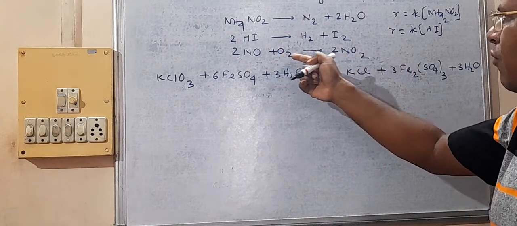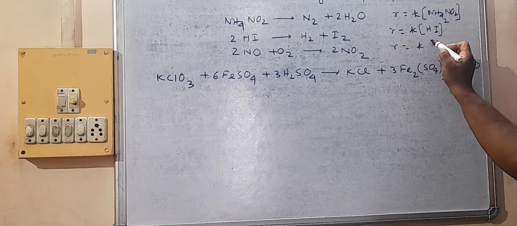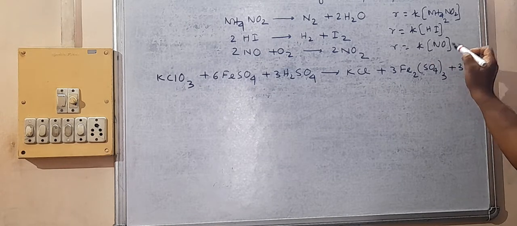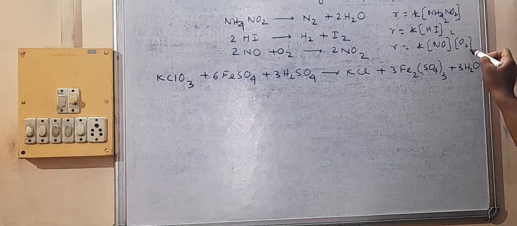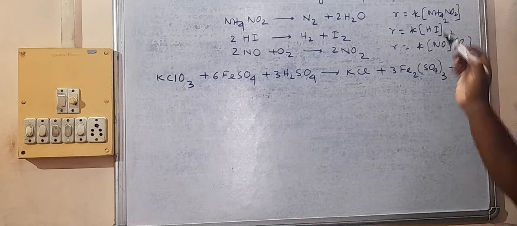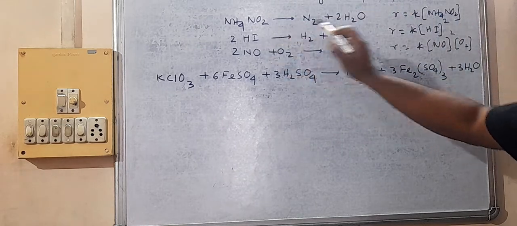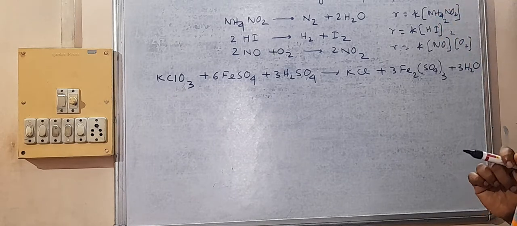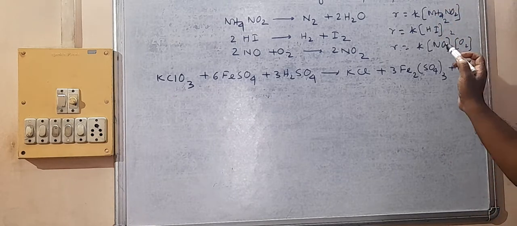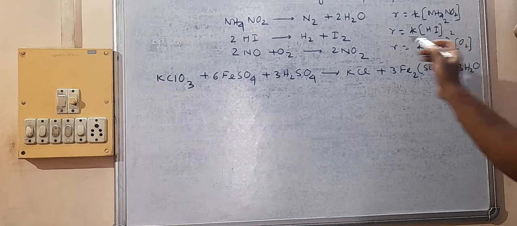So the molecularity of this reaction is also 2. And in the same way, for this reaction, the rate law is found to be k[NO]²[O2]. Remember, this rate law we are not writing according to the coefficient. We are writing this after performing experiment. And we see that the powers here are matching with the coefficients.